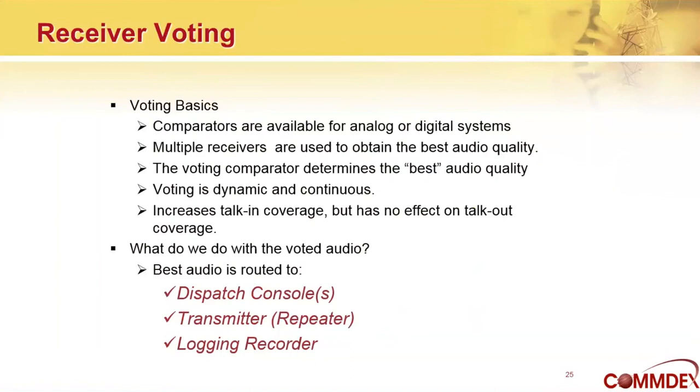It has no effect on the talk out or transmit side. The voted audio that comes out, what do we do with it? We're going to route it to any of a number of places, typically the dispatch console, the transmitter of a repeater, or a logging recorder.